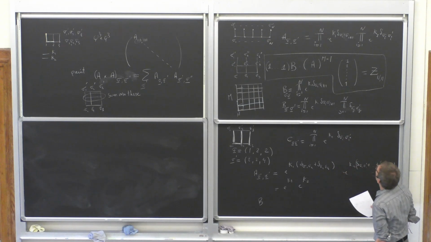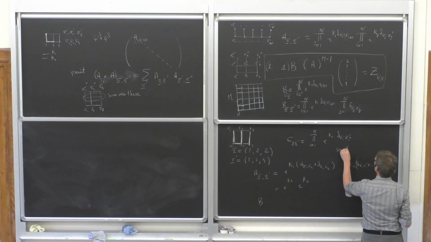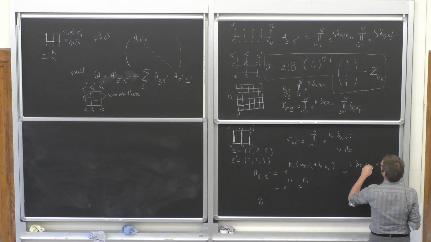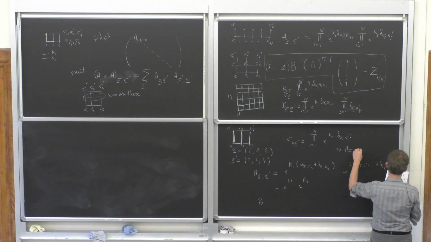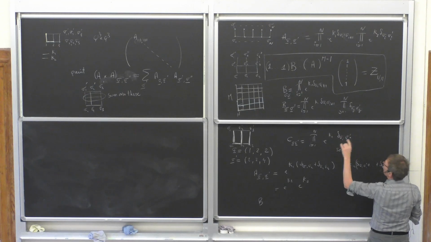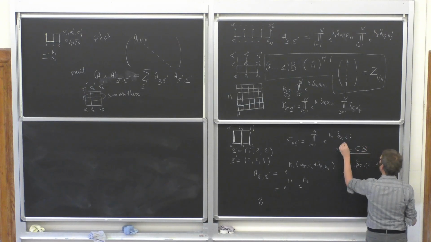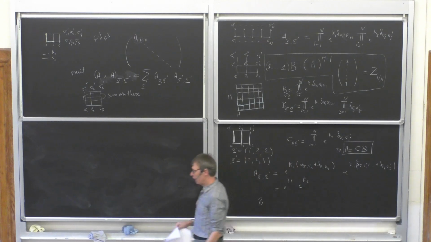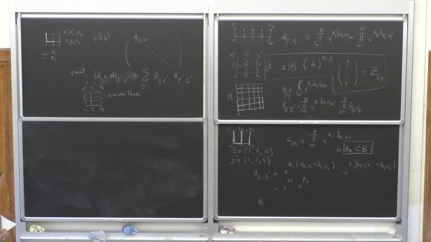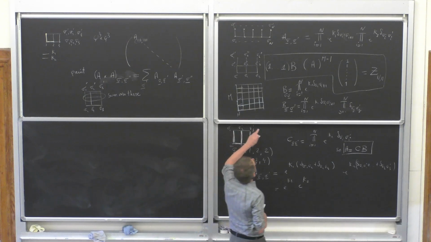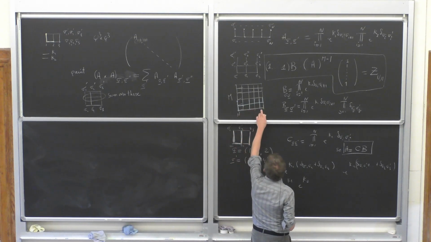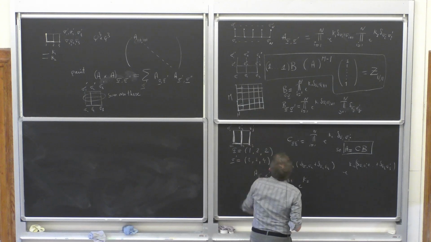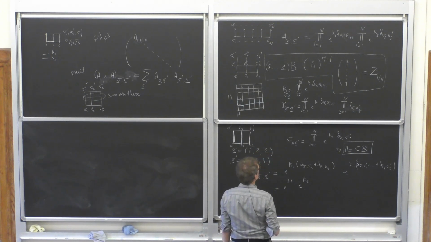So I have that A is B times C. No, let me correct that: first I act on the horizontal and then the vertical, so A is C times B. Sorry for the notation, I should have done B and C differently, but that's the way it is. A is C times B because first I take into account the horizontal edges and then the vertical edges. So B is the horizontal edges and C is the vertical edges.